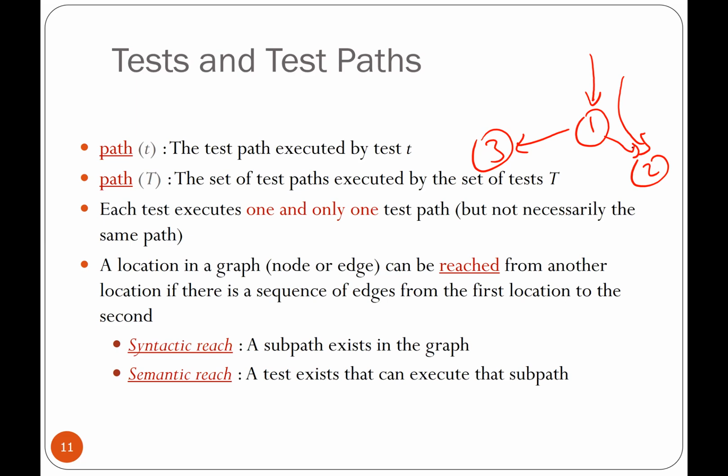So for node number 3, there is a syntactic reach. The software doesn't actually know that there is no logical way to reach that path via a test case, but semantically, there is no semantic reach to node number 3, because we're always going to end up taking the other branch anyway.